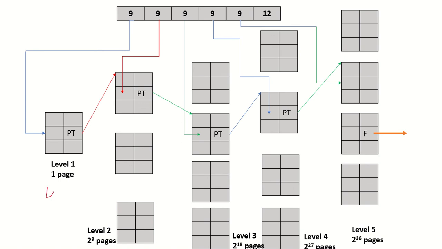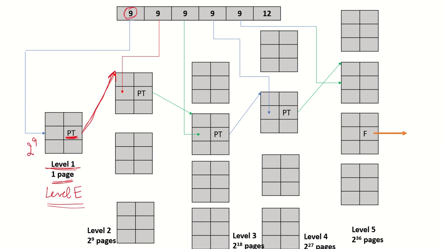This is level E, the outermost level, which is also referred to as level 1, and this needs only one page. Since there are 2 to the power of 9 entries over here, we need 9 bits to index into this page table, and this will give us the address of which page table we want to go to next.